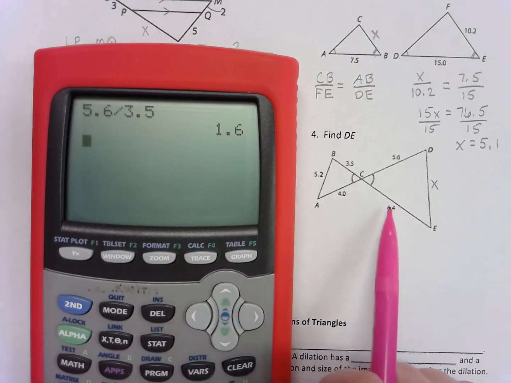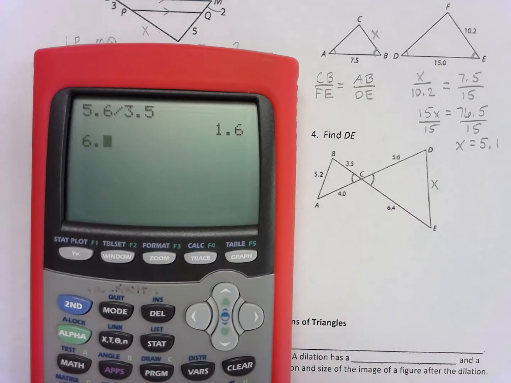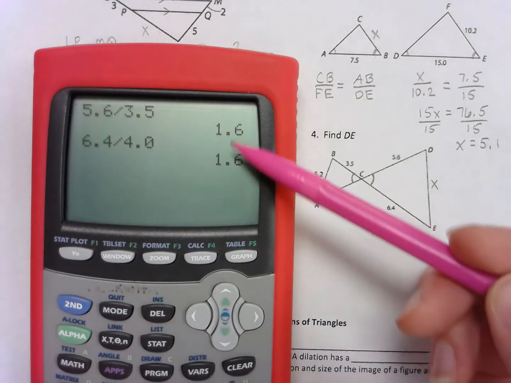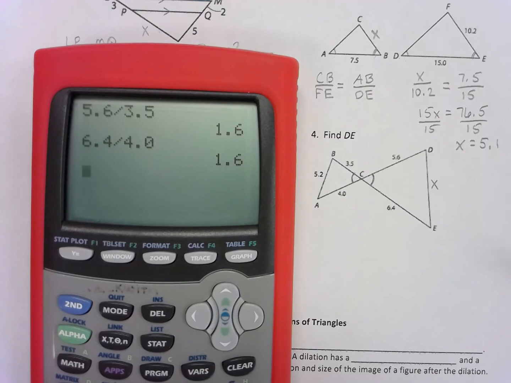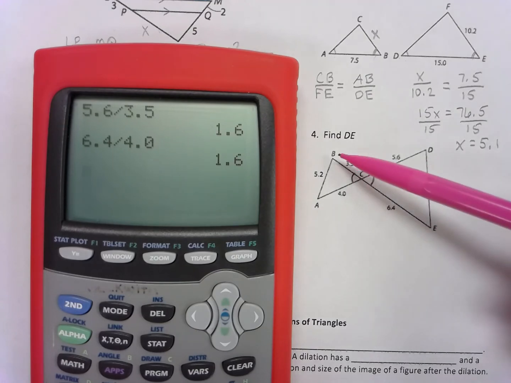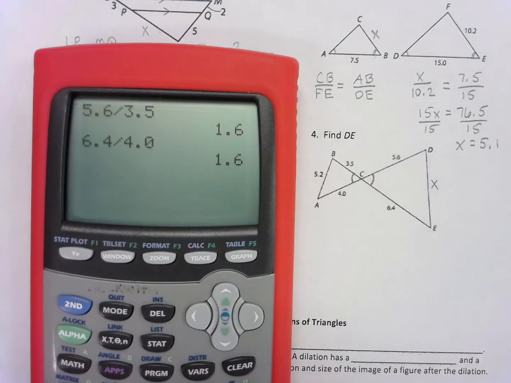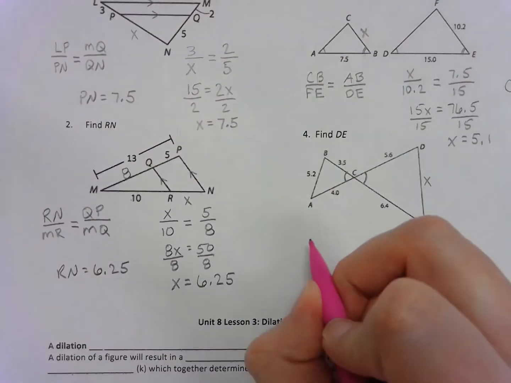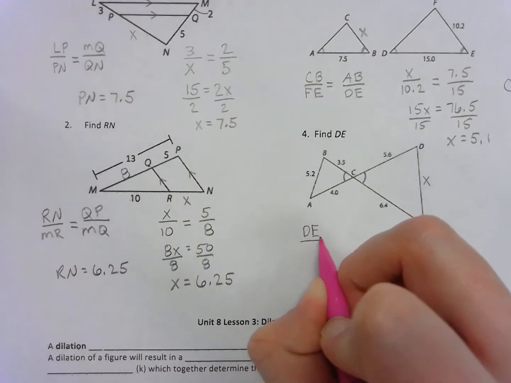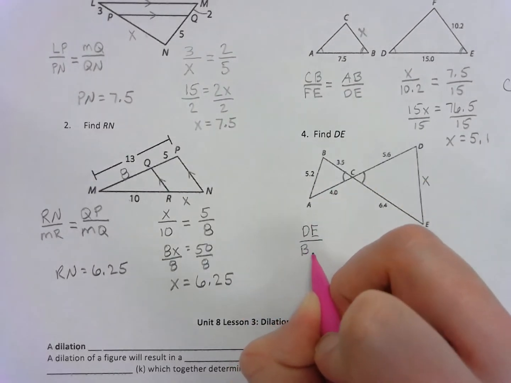Let's also compare it with the other pair of sides that were given. So 6.4 with the 4.0. So we are seeing that those are proportional. So we can set up a ratio of the unknown side, DE, with BA and solve that proportional equation. So DE goes with BA.